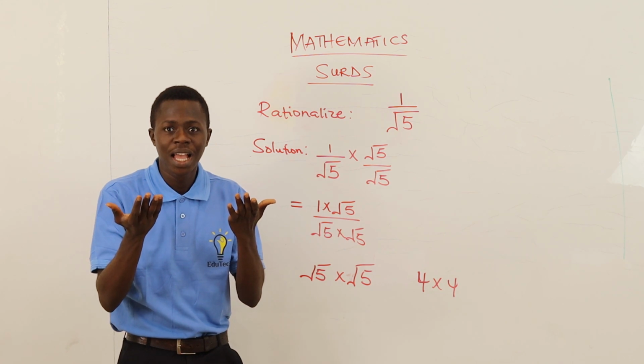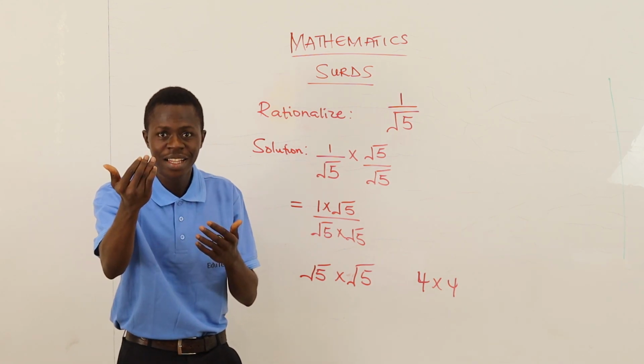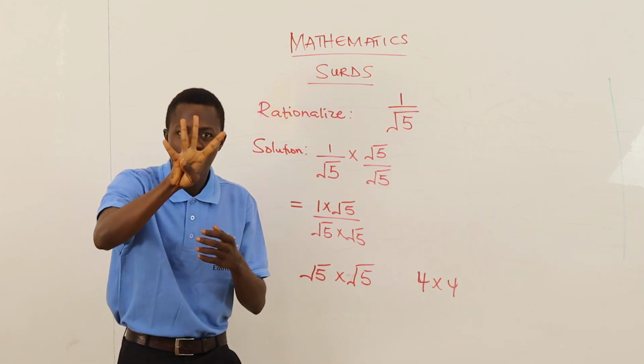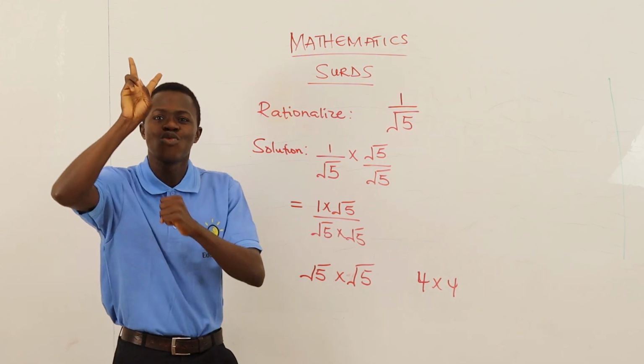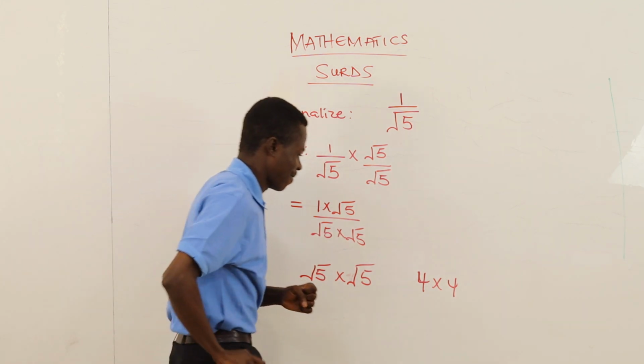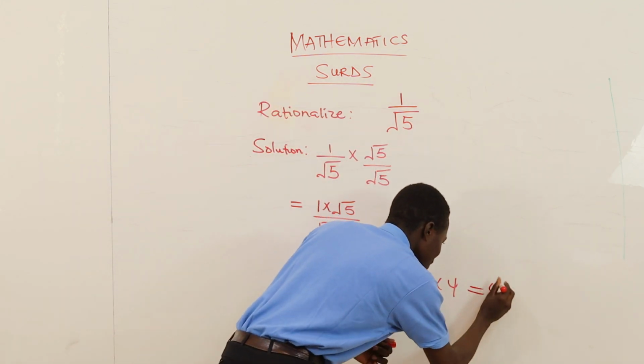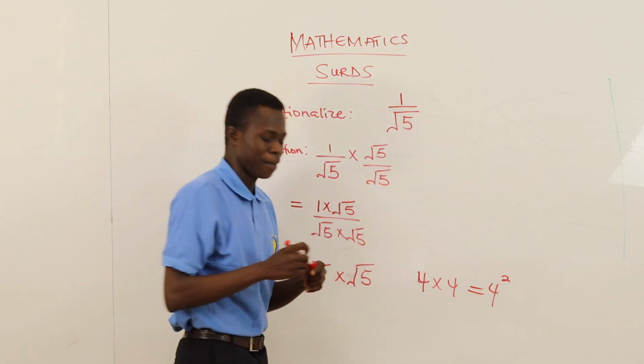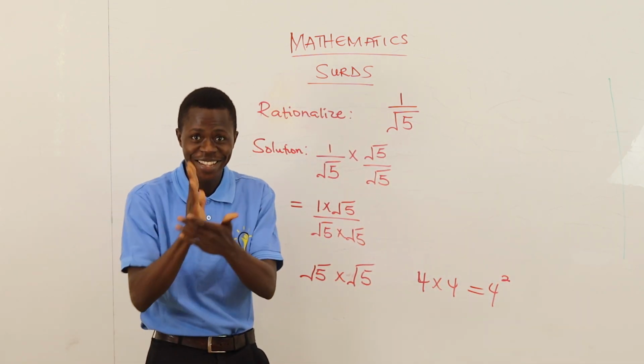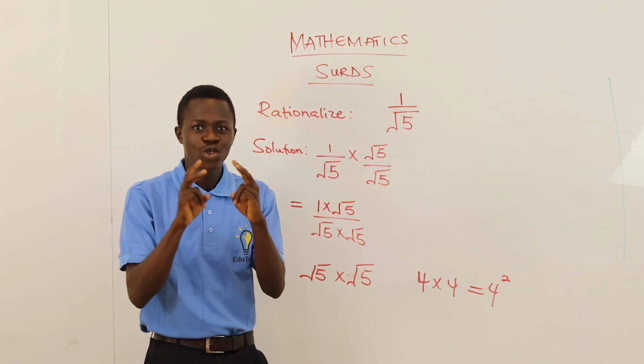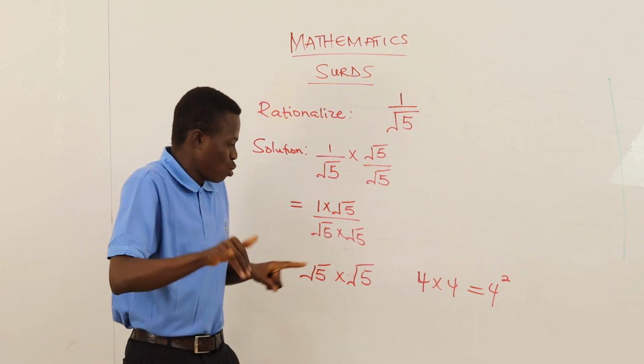But before that, let's take a look at this example. 4 multiplied by 4. What would the answer be? Yes, the answer will be 4 raised to the power 2.